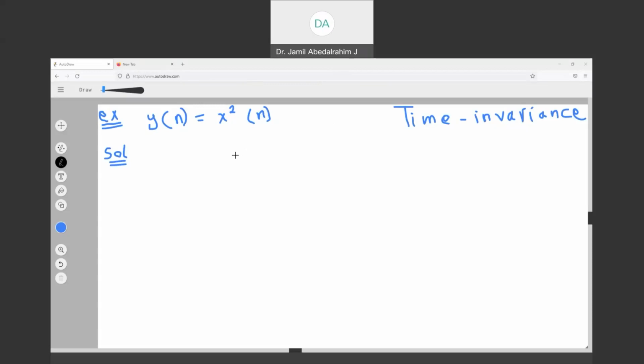The first step is to number each equation. So y of n equals x to the power of 2 of n becomes y1 of n equals x1 to the power of 2 of n.